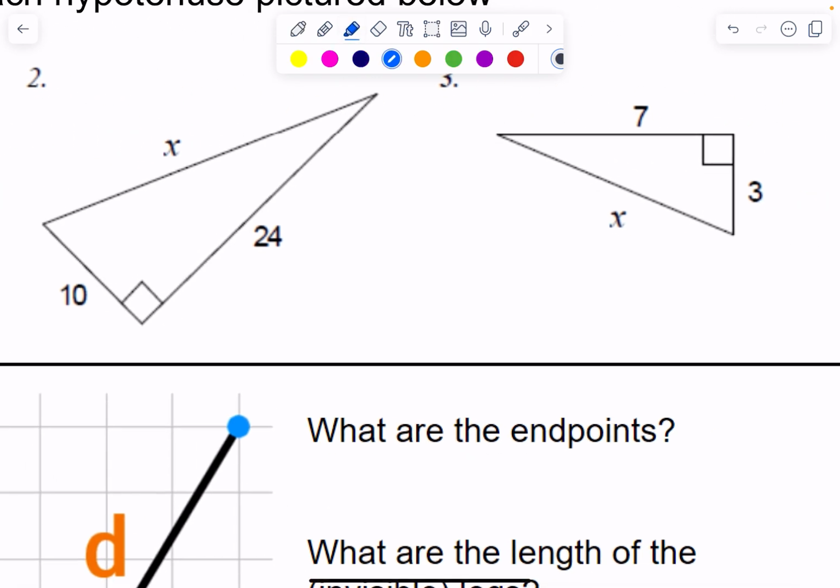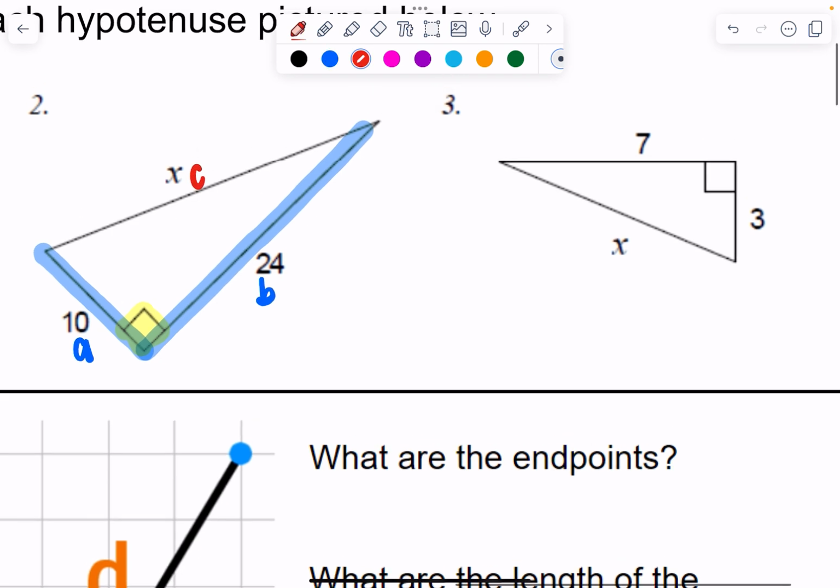All right, so I'm going to highlight my 90-degree angle first, and I'm going to connect my legs. My legs are what creates the 90-degree angle, and those are my A's and B's. So I'm going to say 10 is A, 24 is B, which makes X our C. C is the hypotenuse, which is always across the 90-degree angle.